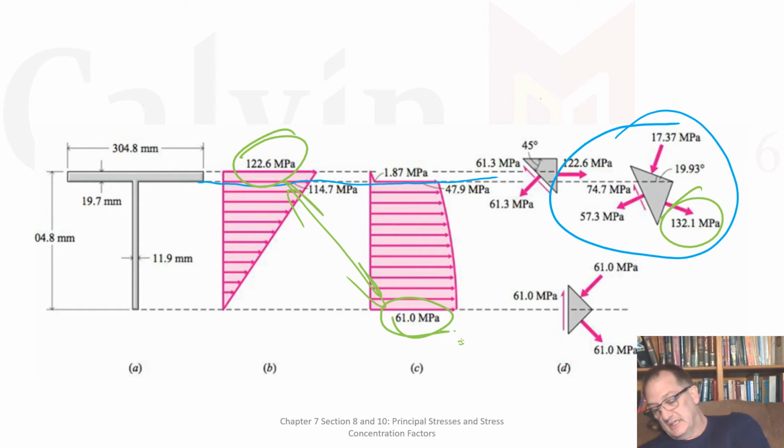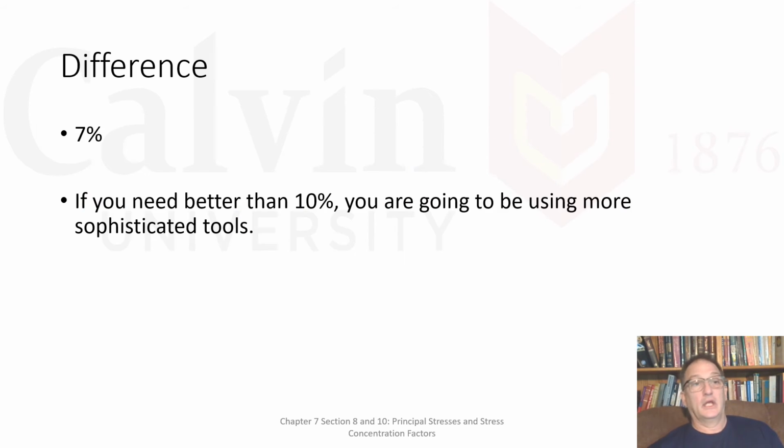And this isn't that far away from either one of those. So yes, we have to be careful, but if your design is within 5 or 10%, we may want to think about how we're doing our design. In this case it's 7%, so you're going to want to use some more sophisticated tools.